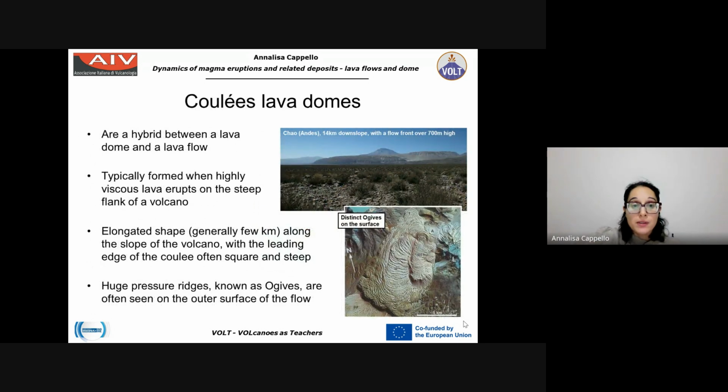Coulée lava domes. They are sort of between the low lava dome and the lava flow. Because they don't flow, they are similar to a lava flow, but they are not able to flow more than a few kilometers.